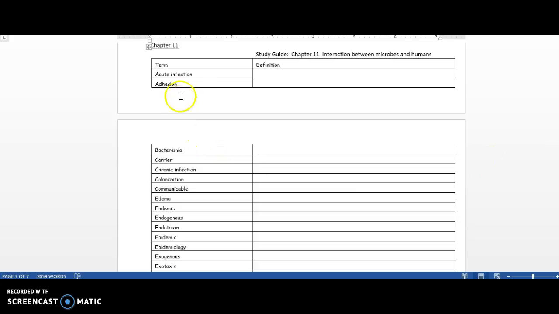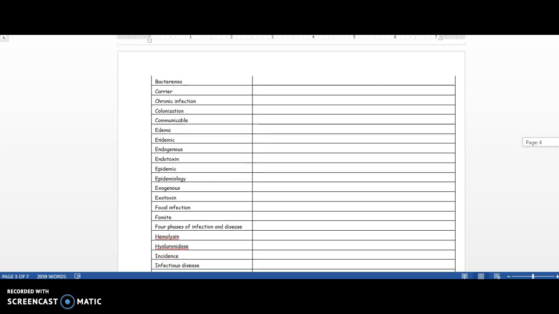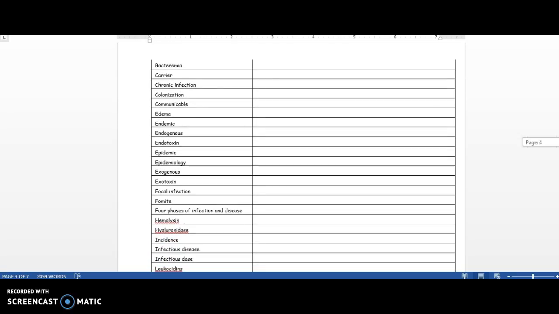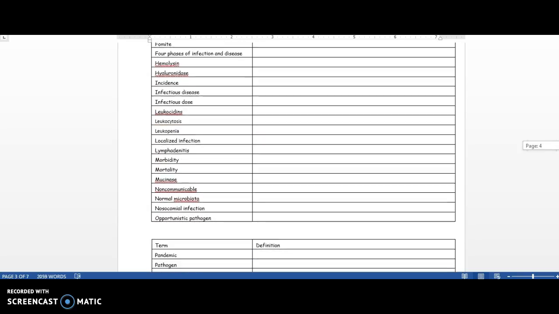All right, and what you want to do with this is to print it and then go through your textbook or the PowerPoint notes and just simply define all of these terms. Chapter 11 is a good chapter, but it's just full of terms. So really, this is the best way to study for this material, is to just memorize the terms.